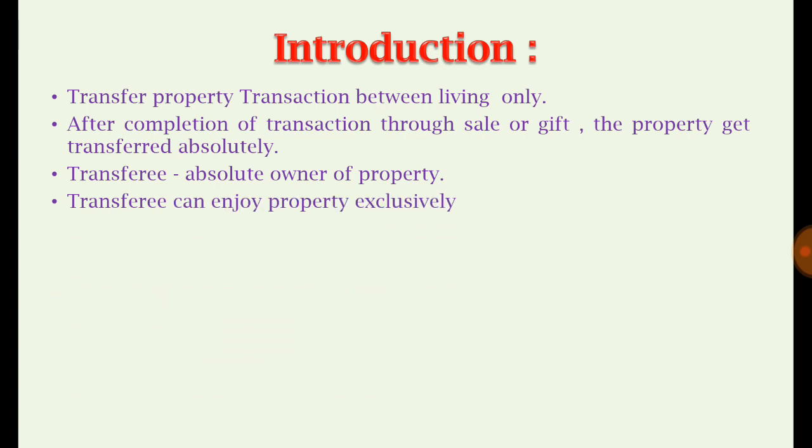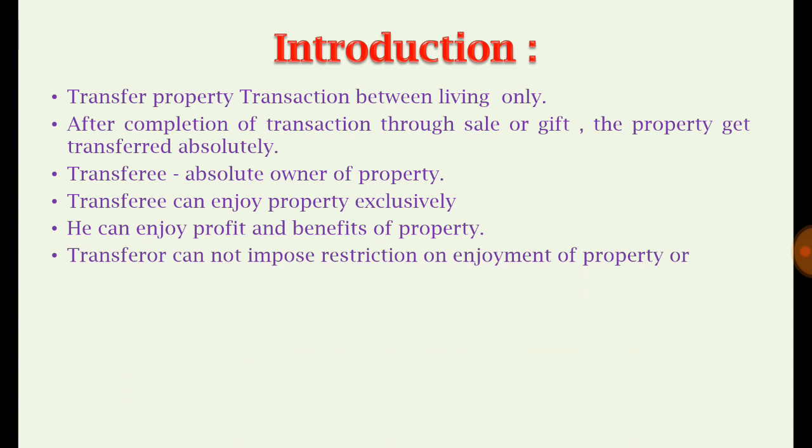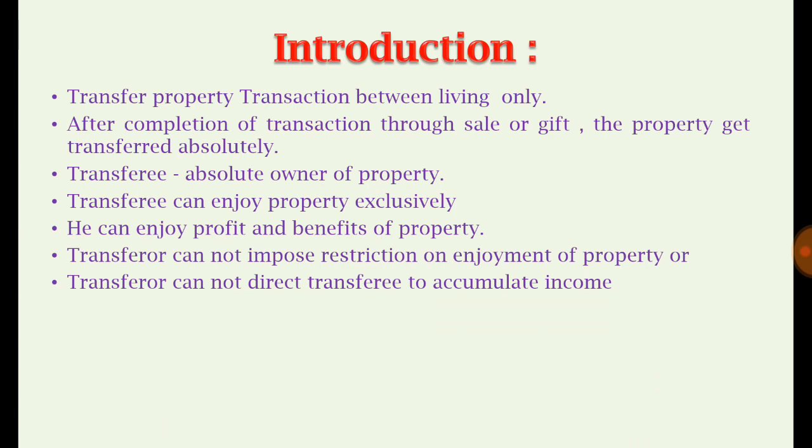Then the transferee can enjoy the property exclusively and without any kind of unlawful interference from any person. He can enjoy the profit and benefit of that property also. The transferor cannot impose any restriction on enjoyment of property, or direct the transferee to accumulate the income. This is the general rule.